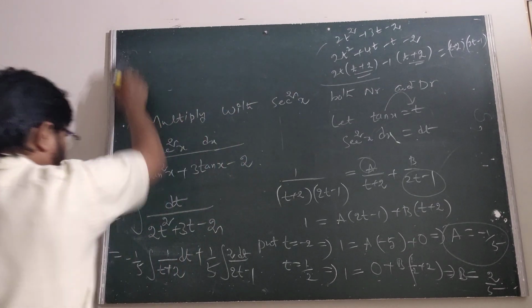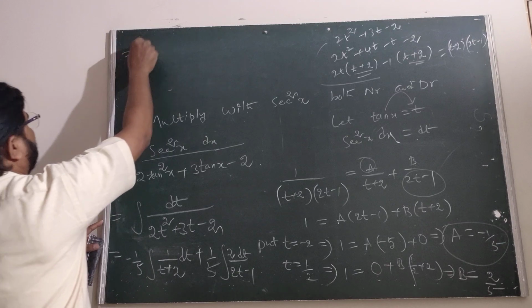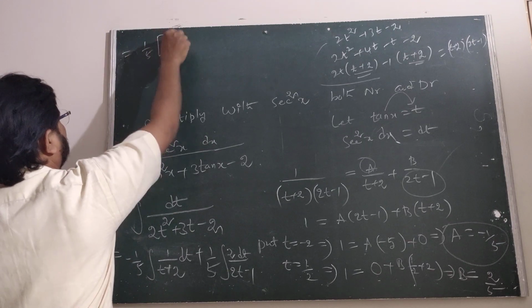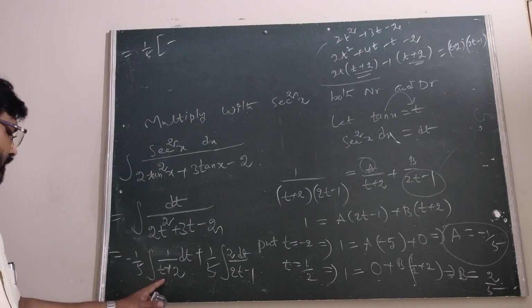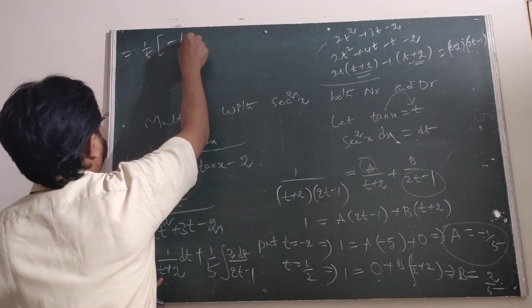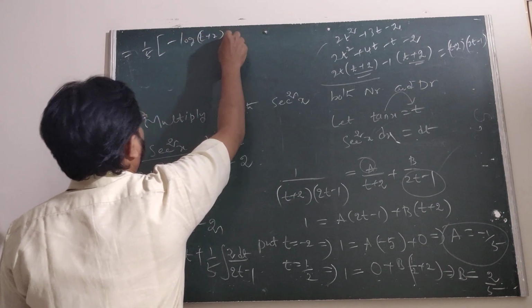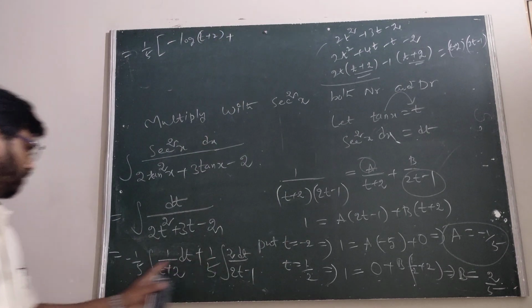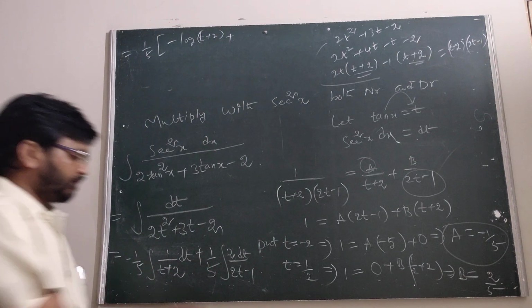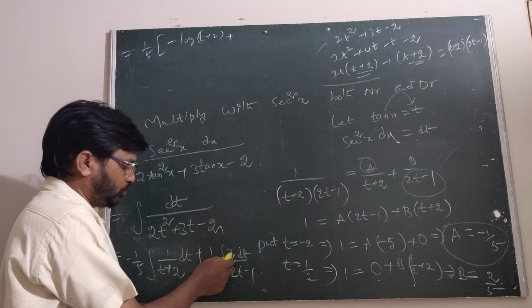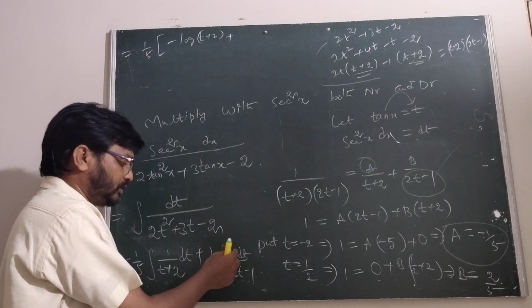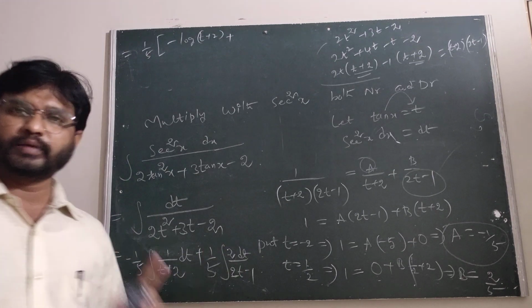Therefore, we can write minus 1 by 5 times log mod of t plus 2. Now we are taking 1 by 5 as common. Here the derivative of 2t is 2 and the derivative of minus 1 is 0. This is also f dash of x by f of x.